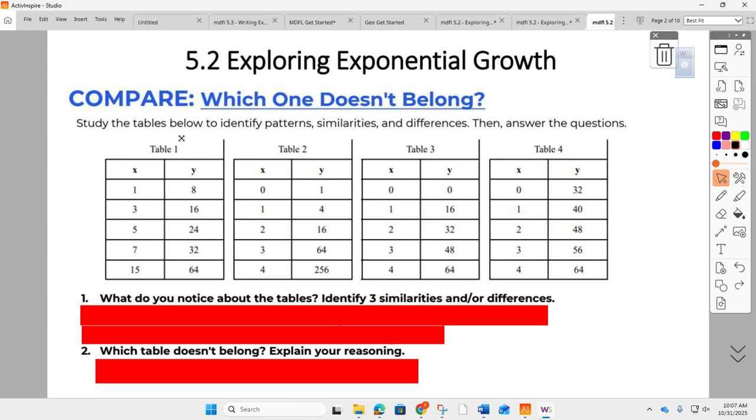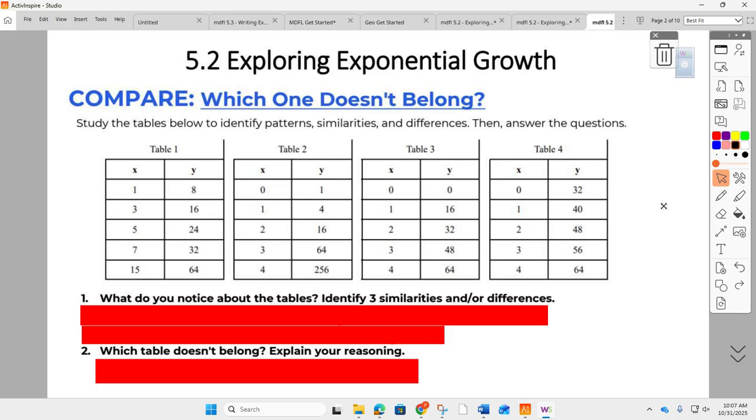So table 1, you're adding 8 here, 8 here, 8 here, true. I think table 3, what did you say was getting multiplied by 2? Added by 16.